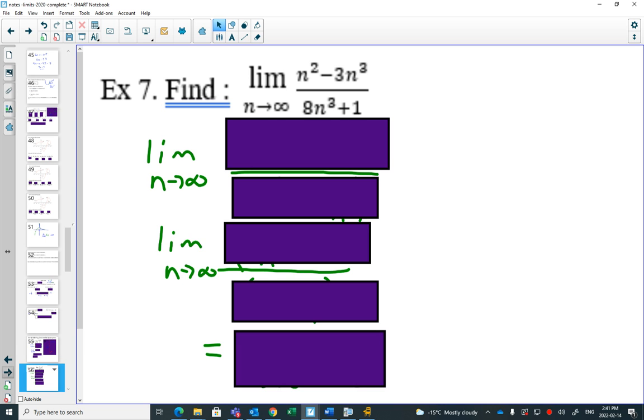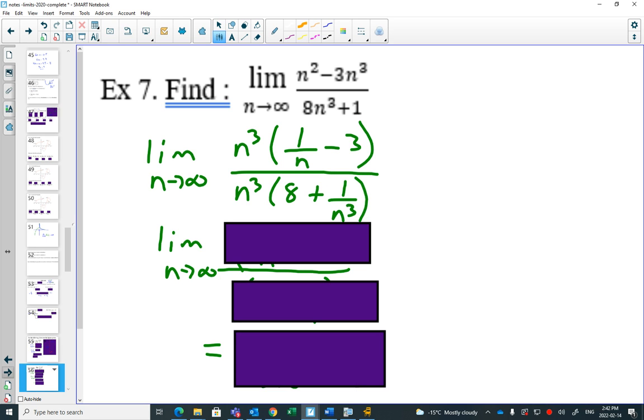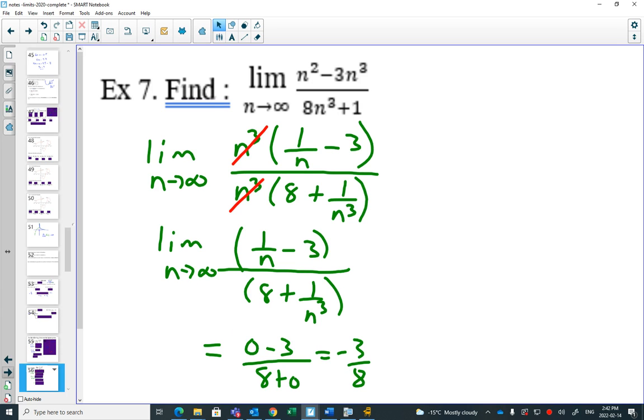Now, if we showed our work, you would factor out the n cubed out of the top, and you would factor out the n cubed on the bottom. That would allow these things to simplify. And then, as n goes to infinity, anytime you're dividing by a very large number, those will be zeros, and you would just get negative 3/8.